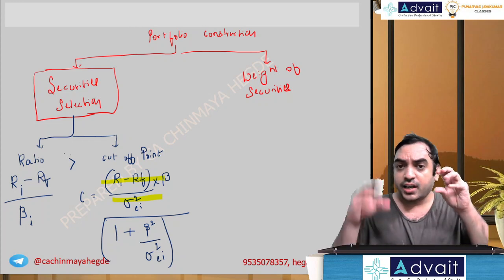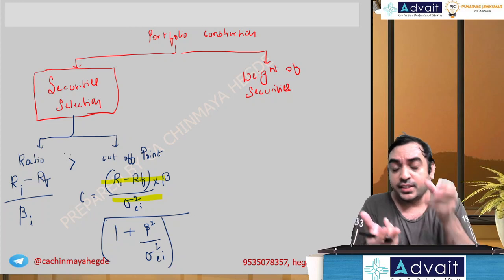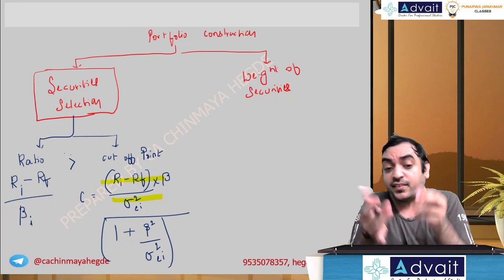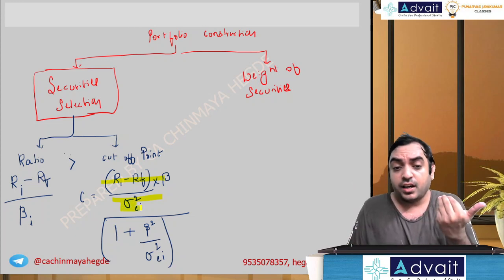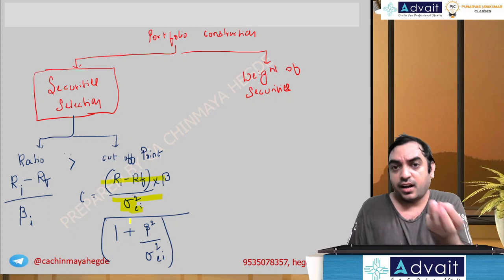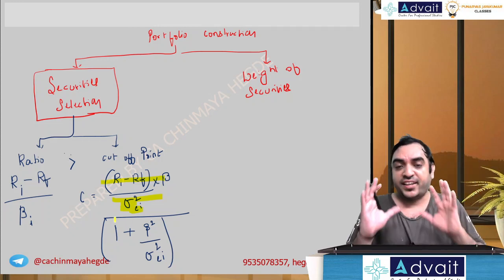Numerator has got Ri minus Rf, which is premium, into beta. So basically, the premium, whatever we are multiplying by systematic risk, and we are dividing by sigma square Ei. That is basically Ei, that is unsystematic risk, unexplained variance for a particular security.